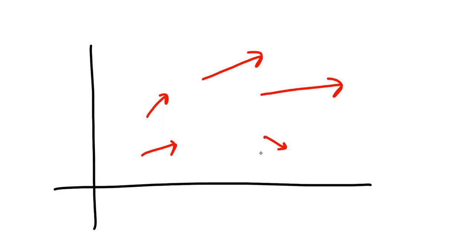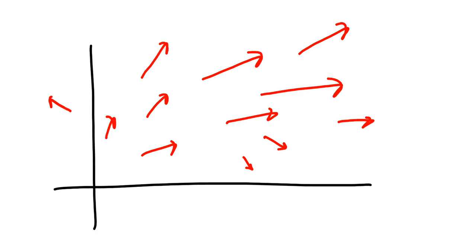So maybe here's something. Here's a bunch of vectors, and the longer vectors mean the wind is blowing more strongly. A shorter vector means not necessarily. So we could have a bunch of vectors like this, and who knows, maybe over here they're blowing that way.